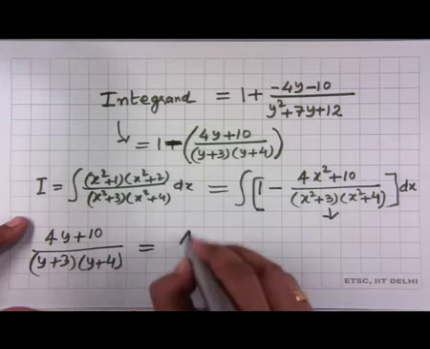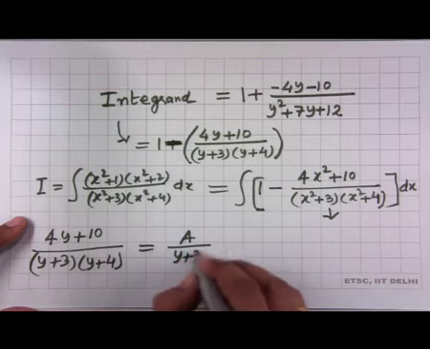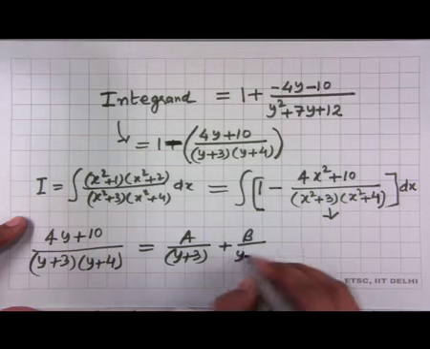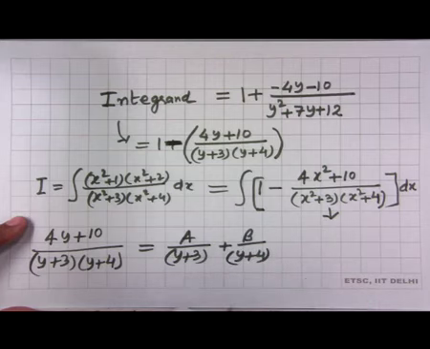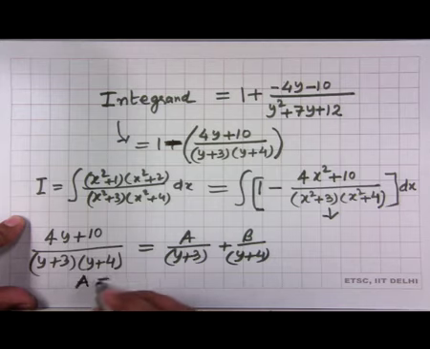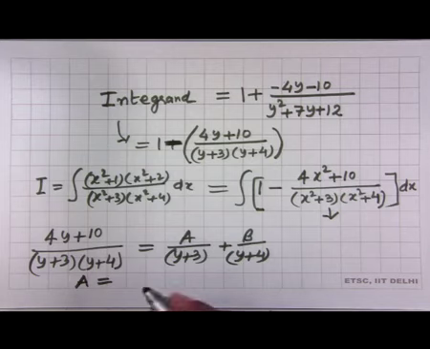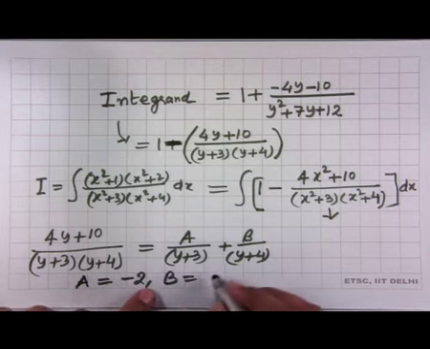The partial fraction for this will be written as a over y plus 3 plus b over y plus 4, which you can easily find after solving, where a turns out to be minus 2 and b turns out to be 6.